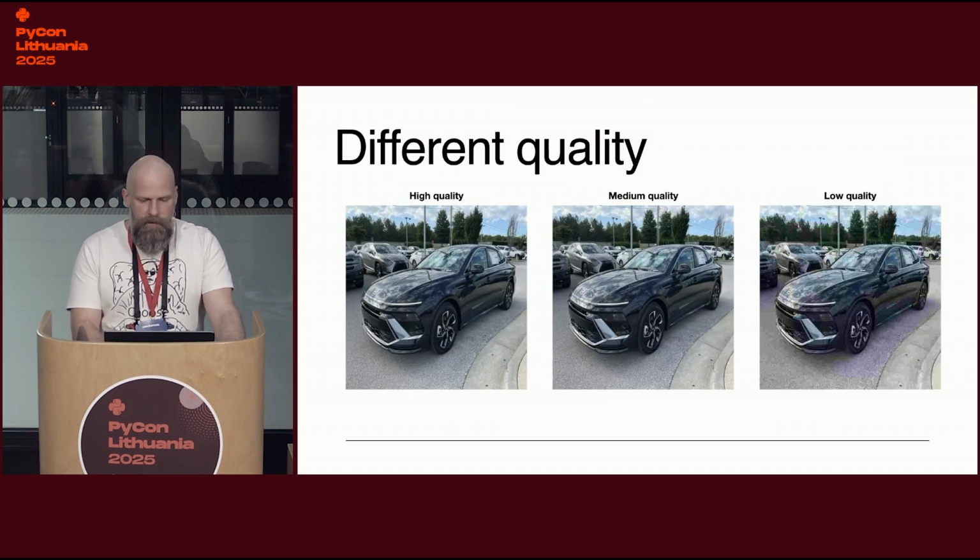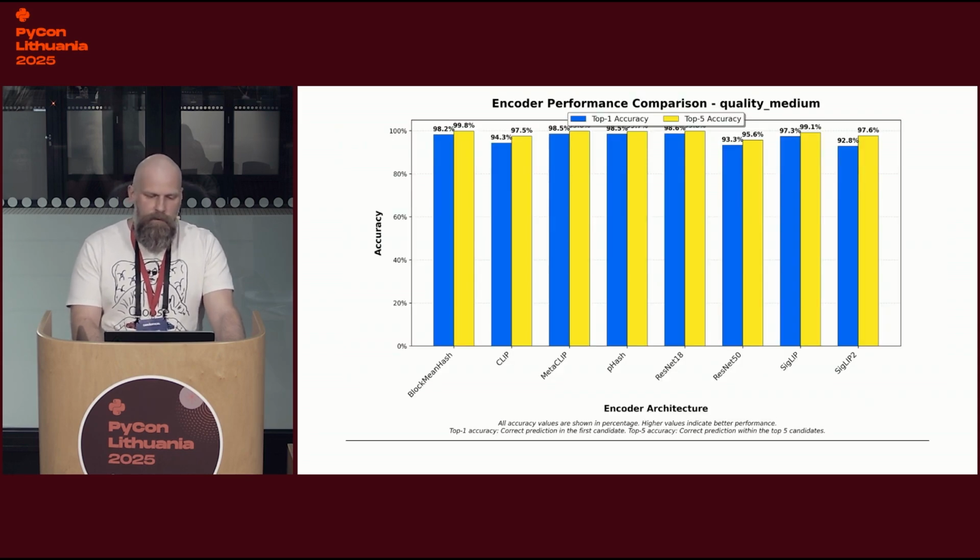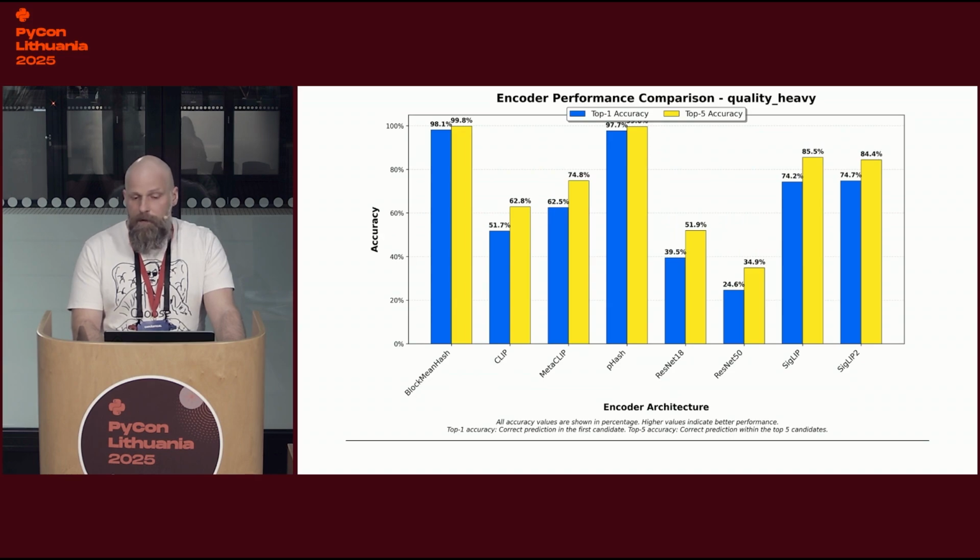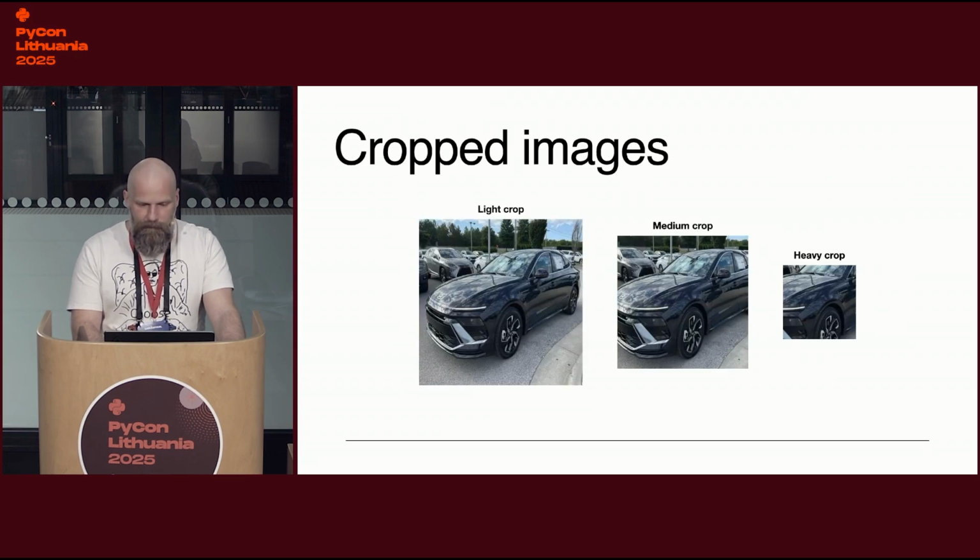What if we change the quality of the JPEG image? Again, if the quality is medium, all methods work fine. However, if we degrade it extremely, the neural network-based methods perform quite worse. What about cropped images?